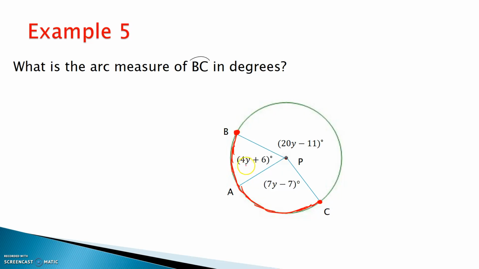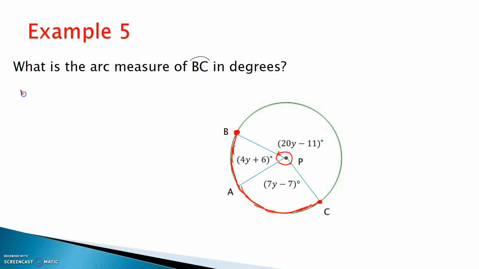Well, I need to figure out, first of all, what y is, the value of y. If I can plug that in here and plug that in here, I'll know the actual angles. Well, how many degrees inside of a circle? There's 360 degrees. So if I add this piece plus this piece plus this piece, there's a total of 360 degrees.